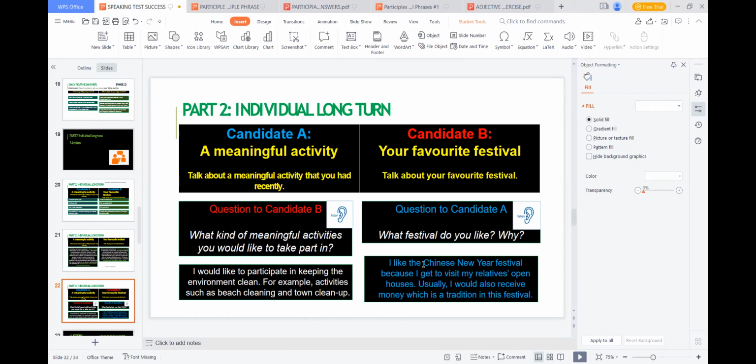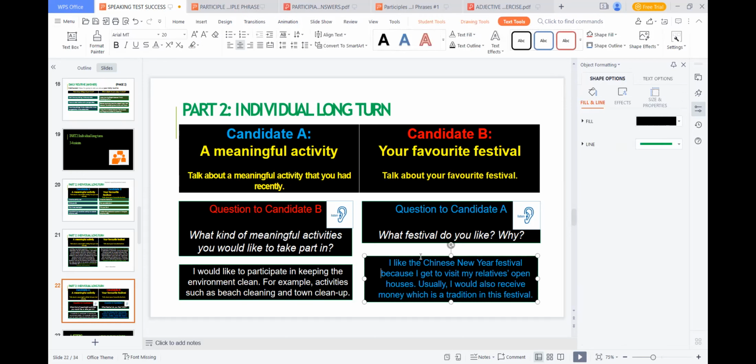So this person is talking about the Chinese New Year festival. Chinese New Year is a festival, just like Christmas is a festival, or Deepavali or Hari Raya. All these are festivals. And why? So, how did the person answer? Why? Can you say because?